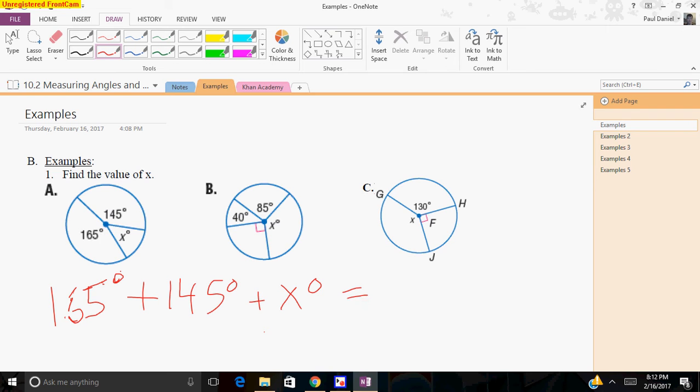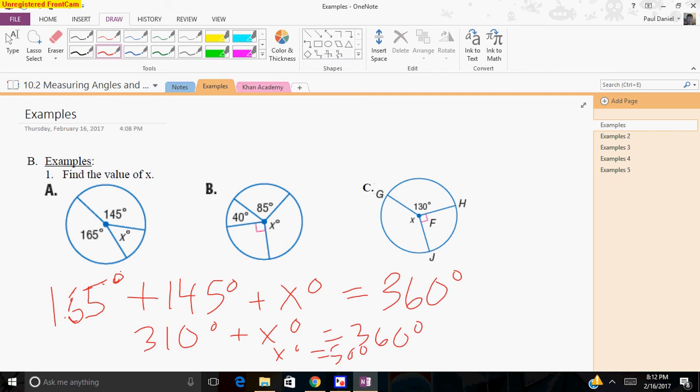Well, I know that if I add all of those three things up, I need to equal the total amount of the circle, which is 360 degrees. When I add up 165 and 145, I get 310. And when I subtract 310 from 360, I get that x must be 50 degrees. So for example A, I found x by knowing that the sum of all of my angles needs to add up to 360 degrees.